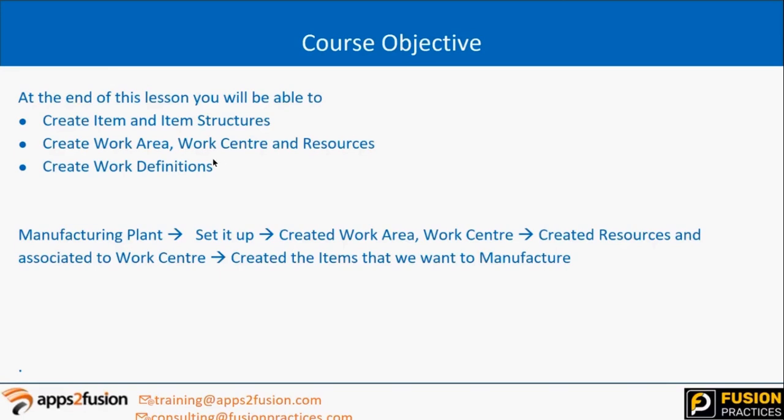By the end of today, we will have everything ready that you would need to create your work orders, because we have created our plant, set up the org as a plant, and the plant parameters I will show you now are also part of setting up the plant. We will have created our work area and work center, created resources and assigned them to the work center, and created the items and work definitions. This is the objective for today.